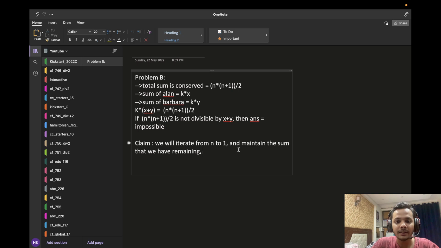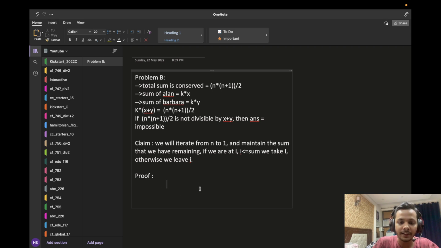Now let's say we are at a number I. If I is less than or equal to sum, we take I, otherwise we leave I. This is the simple solution that we have, and the proof that it works is again very simple. Let's look at the first index I where this condition is false, where I is greater than sum.